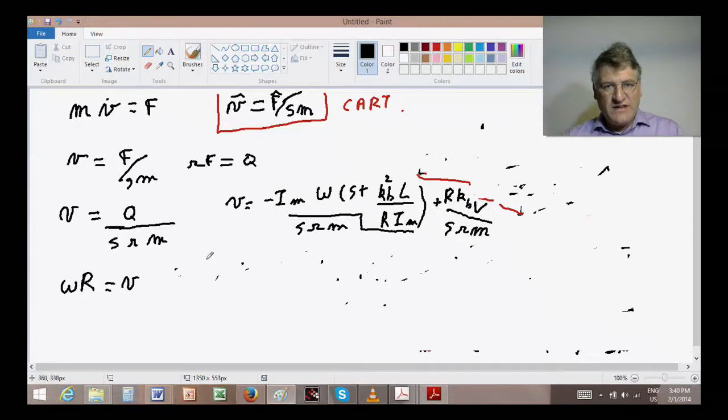We can get this over here and we obtain that V is equal to minus Im omega, which becomes V over R. I will put it to the side.